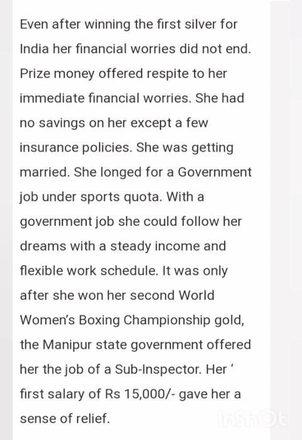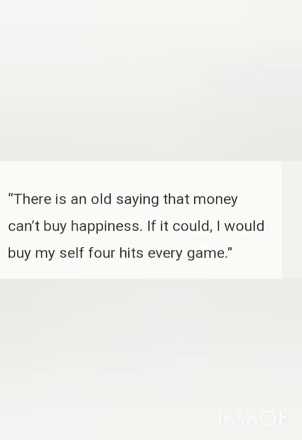She longed for a government job under the sports quota. With a government job, she could follow her dreams with a steady income and flexible work schedule. It was only after she won her second World Women's Boxing Championship gold that the Manipur state government offered her the job of a sub-inspector. Her first salary of rupees 15,000 gave her a sense of relief.